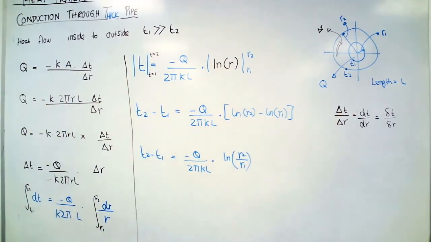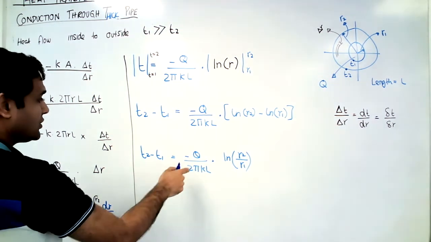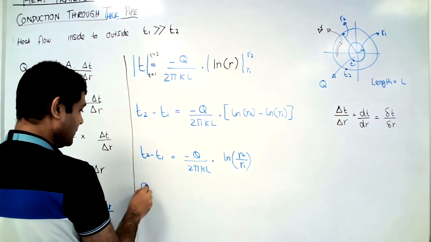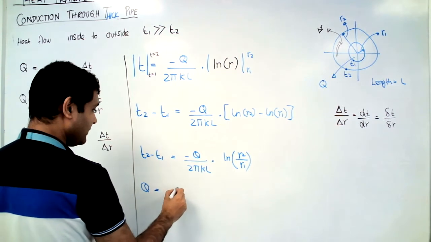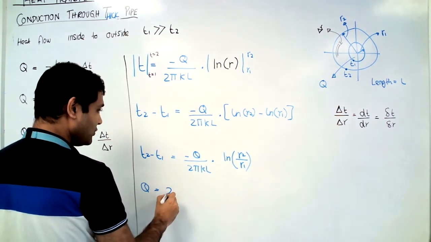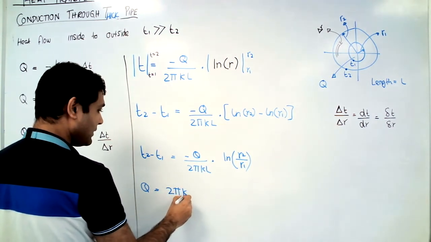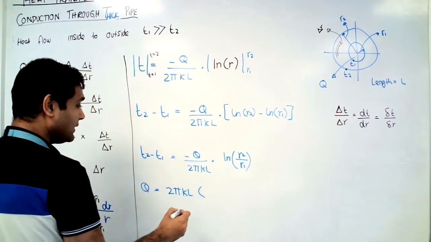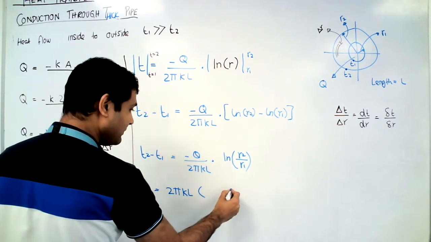So this is a formula to find the heat loss. You can rearrange it to make Q the subject, and then you can find the heat loss. Let me make Q the subject. So Q equals 2 pi KL (T2 minus T1).